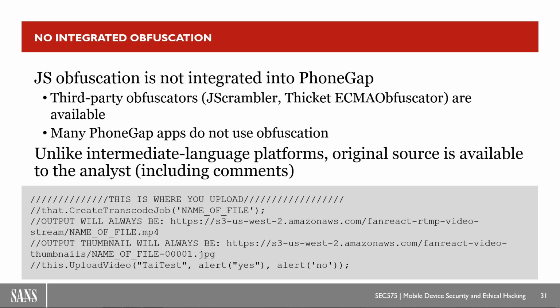But with PhoneGap and related platforms, you get all of the developers' comments. So I didn't write this. This was written by whoever the developer was that wrote that application, which sure told me what was going on inside this code segment. And it gave me a lot easier of a time to start to understand what was going on inside the application itself.